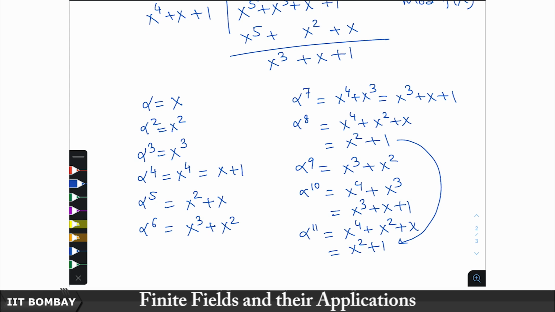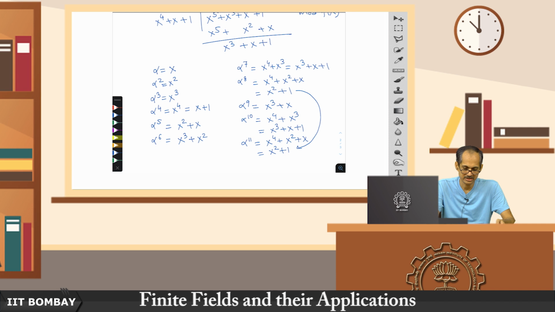There is an error here because x square plus 1 cannot appear 2 times. So, I made a mistake here, that this should be x. When you multiply x square plus x by x, it becomes x cube plus x, not x square.